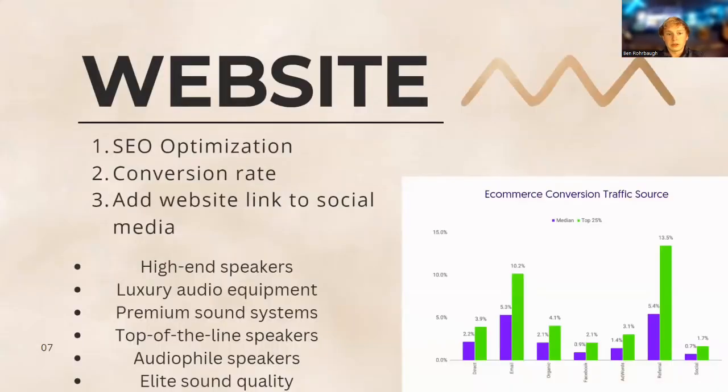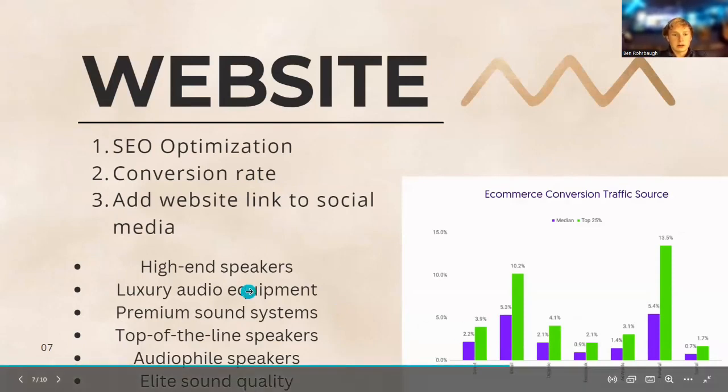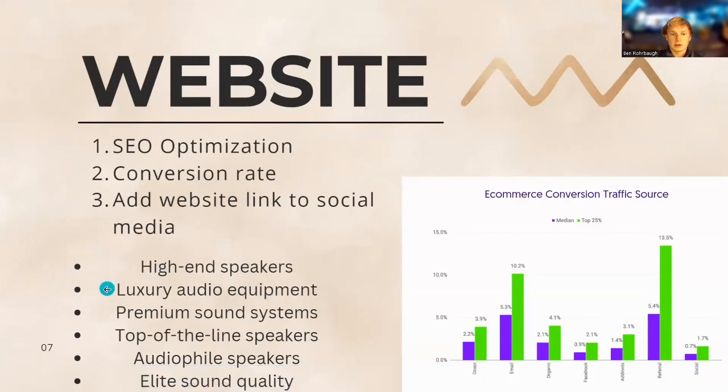Three key things for your website are SEO optimization, conversion rate, and then obviously people getting to your website. So first, SEO is basically your search engine optimization, and that's just how your website will be read by the search engine to get people on there. Some keywords here, just some examples, would be high-end speakers, luxury audio equipment, premium sound system, top-of-the-line speakers, just to name a few.